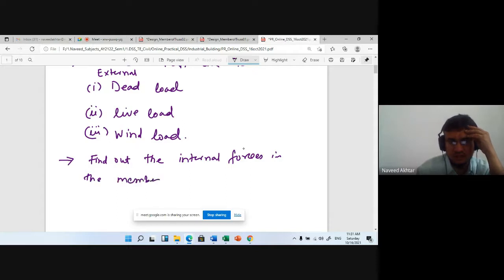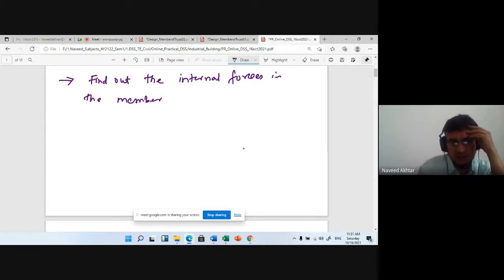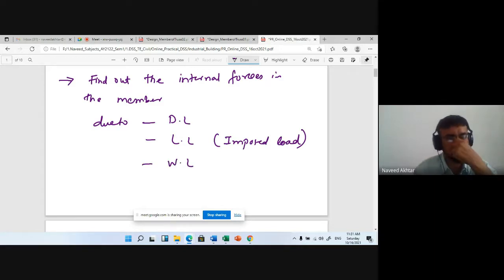Similarly, that is also due to dead load, due to live load, or due to wind load. Okay.